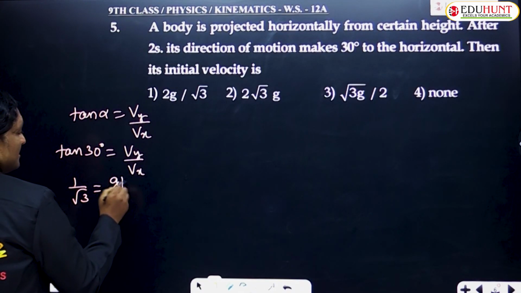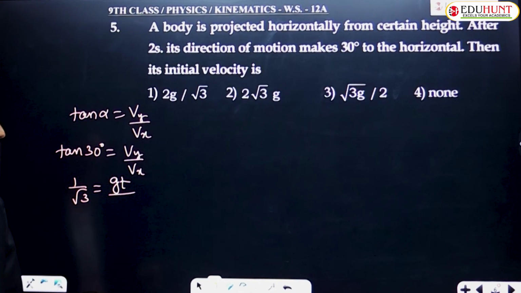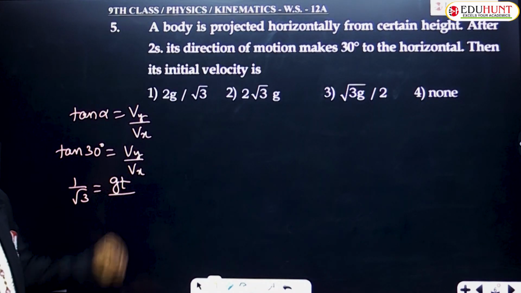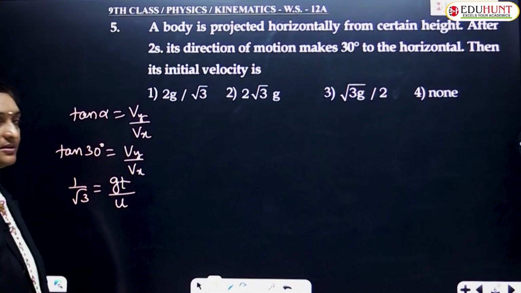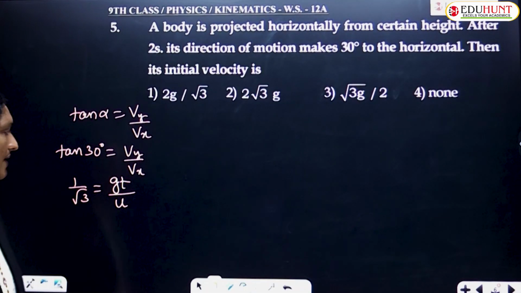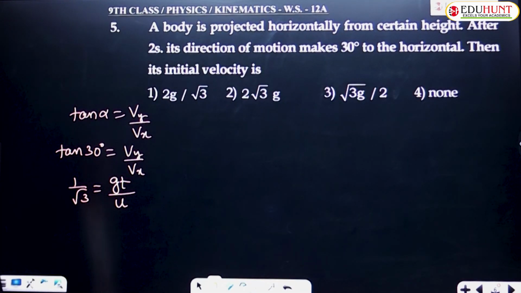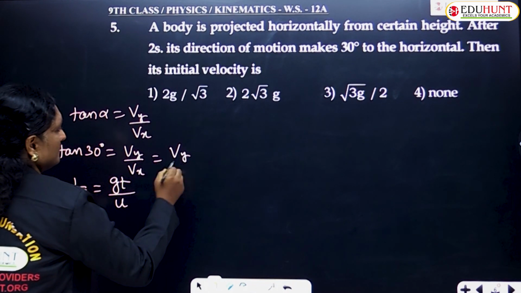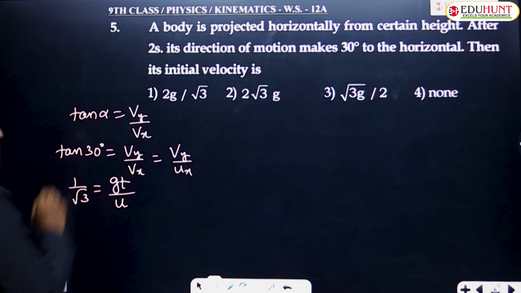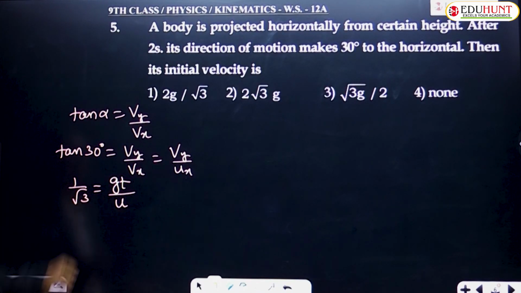Vy can be written as gt, and the final horizontal velocity always remains constant, so Vx is equal to Ux. Let us suppose this Ux as some u. You are asked to find this initial velocity.